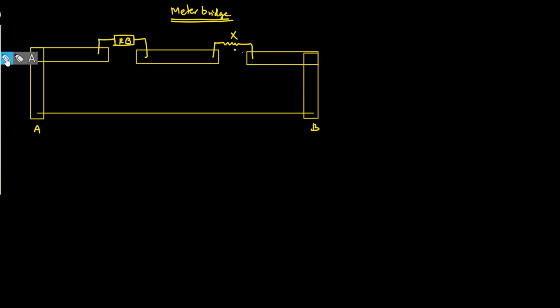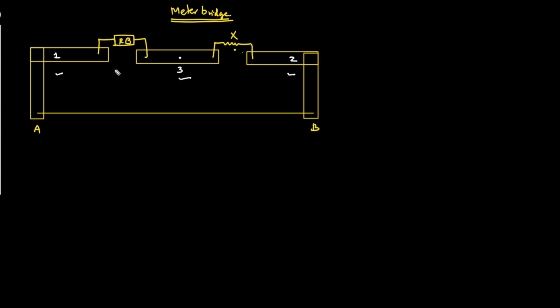Okay. So now let's see the construction and then the working part. The meter bridge consists of 3 metallic plates. This is first, this is second, and this is third one. These 3 metallic plates or strips, 2 are having the L shape in inverted position and the third one is of I shape.